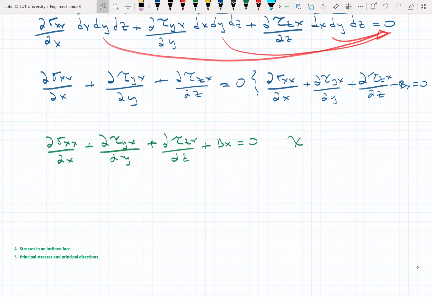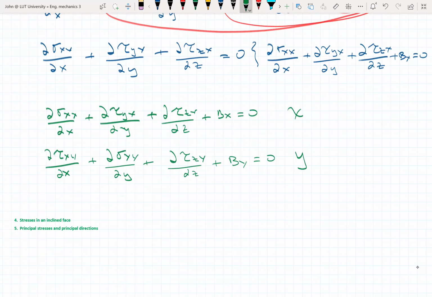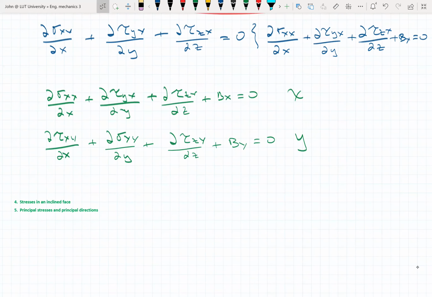Let's do the same for the y direction. This is going to be the variation of these ones here plus variation of normal stress plus the variation of this shear stress plus body force equal to 0. This is in the y direction. Then to move this downwards.